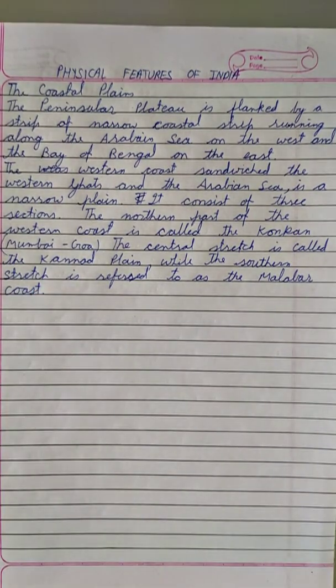So the western coastal plain is divided into 3: the northern part, the central part, and the southern part. That is Konkan, Kannad and Malabar coast.